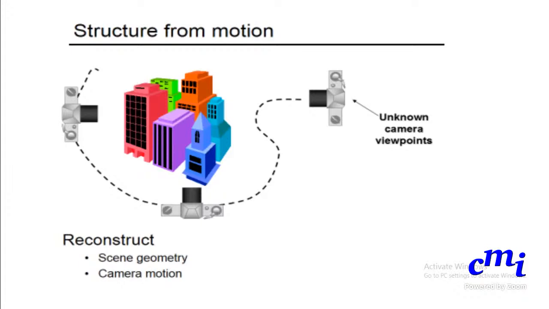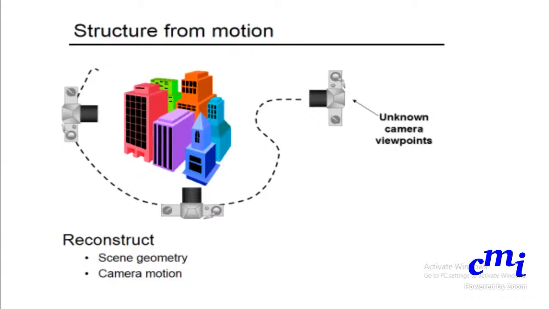We just have the images. So we need to construct the scene geometry from there, and also estimate the camera motion, like where the camera was when the shot was taken. So we want to estimate the camera coordinates and the scene geometry. These are the two problems we will be solving for structure from motion.